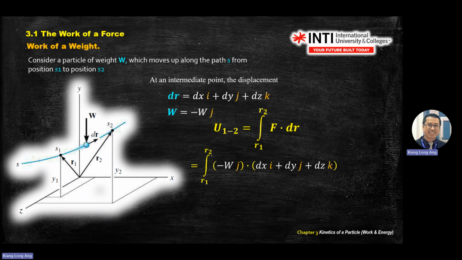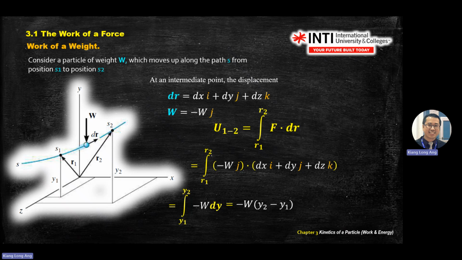You go home and do your vector homework. i multiplied by j, you get 0. If you don't understand, i and j are perpendicular, so i dot j gives 0. If it is ii, jj, or kk, then it gives you a value.